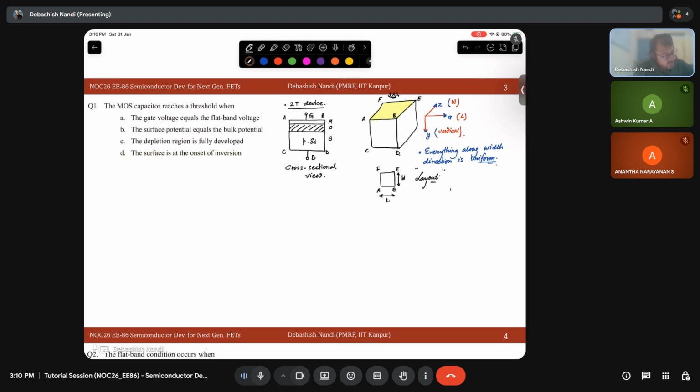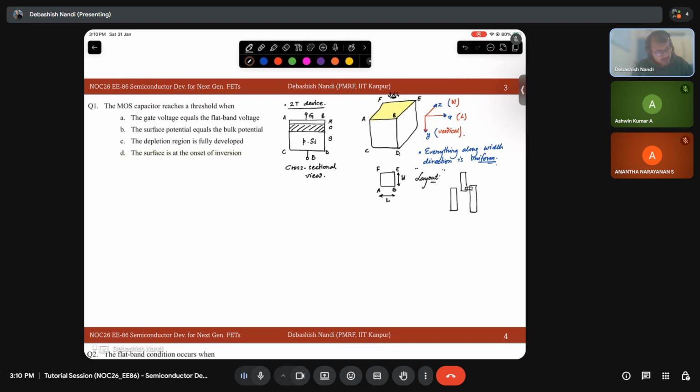Your entire MOSFET designs and circuits will be something like this, another block, then you will have some joinings, right? It will only be rectangles. So when you see some layout, don't get confused with the dimensions. In that case, you are talking about the length and width direction only, right?